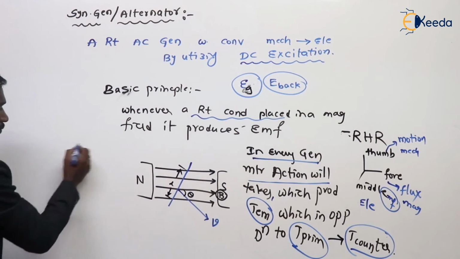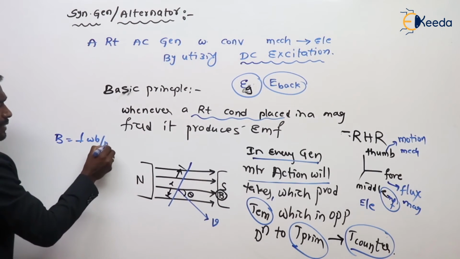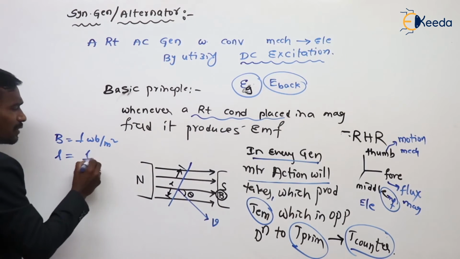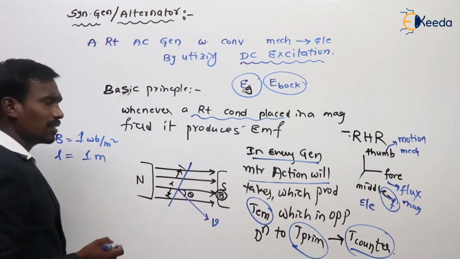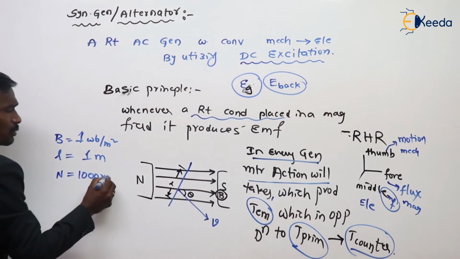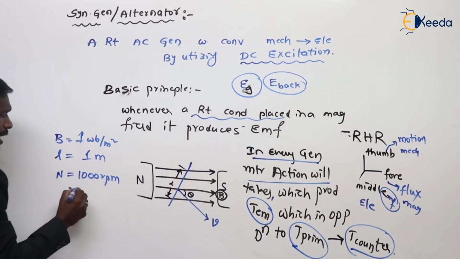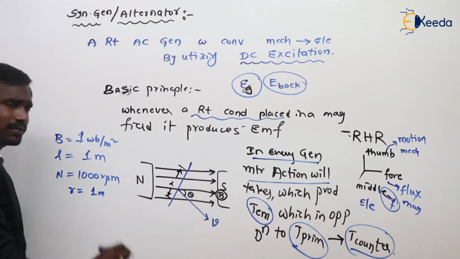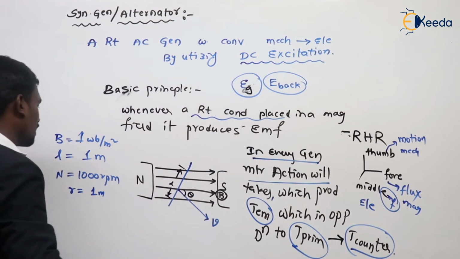See here. Flux density is 1 Weber per meter square. The active length of the conductor is 1 meter. The generator is rotating at 1000 rpm. The radius of my rotor is 1 meter.